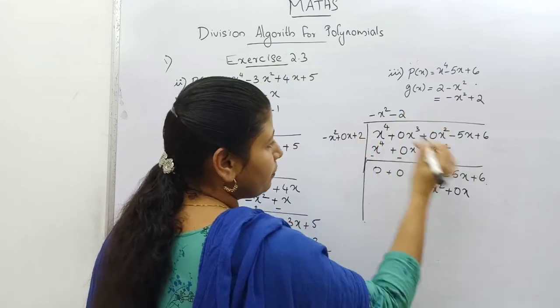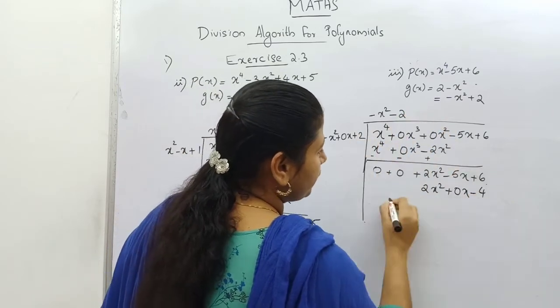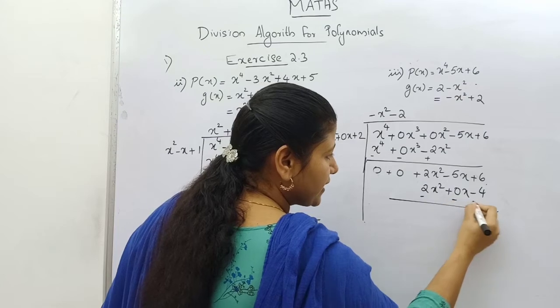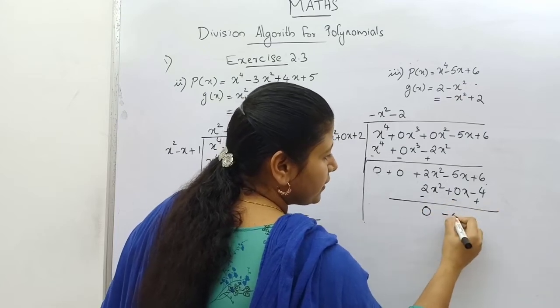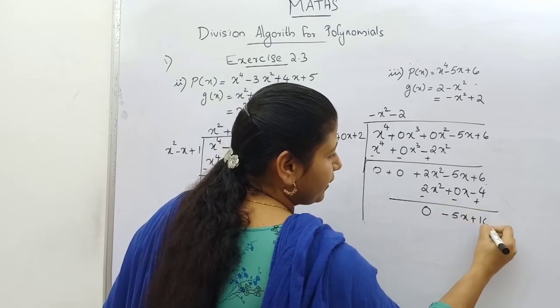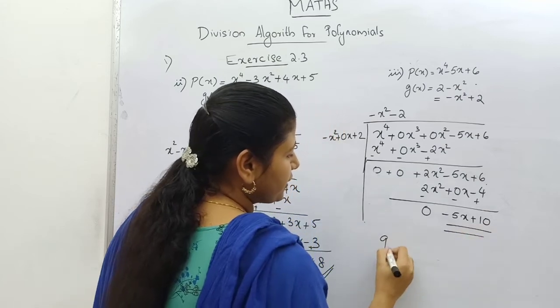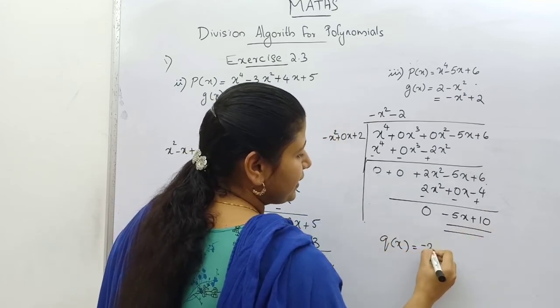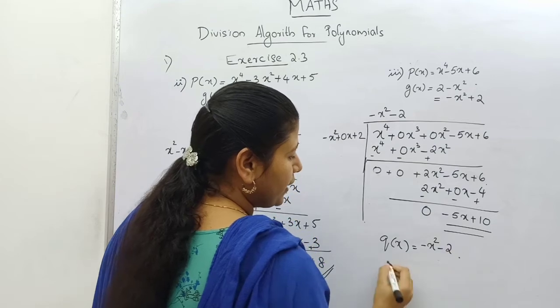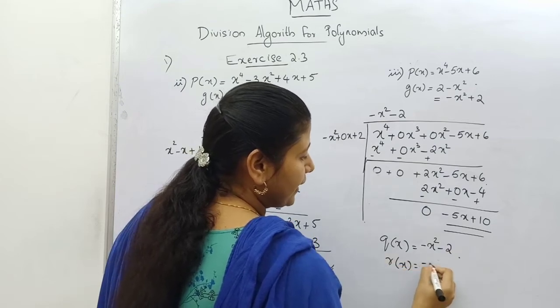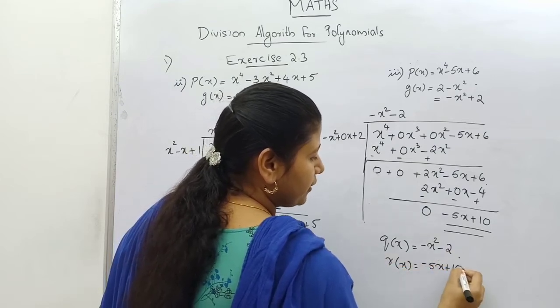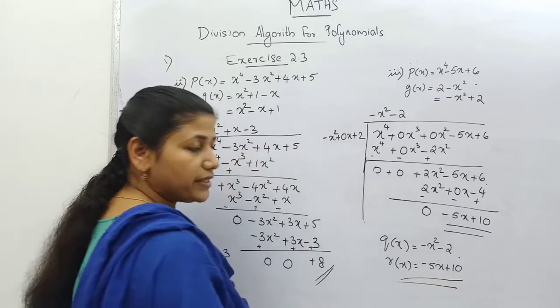Negative 2 into plus 2 is negative 4. Then by changing the sign, it will be 0. This is minus 5x and this will be 10. So you will get the quotient, that means q of x as negative x square minus 2 and r of x as negative 5x plus 10. So the first question is completed.